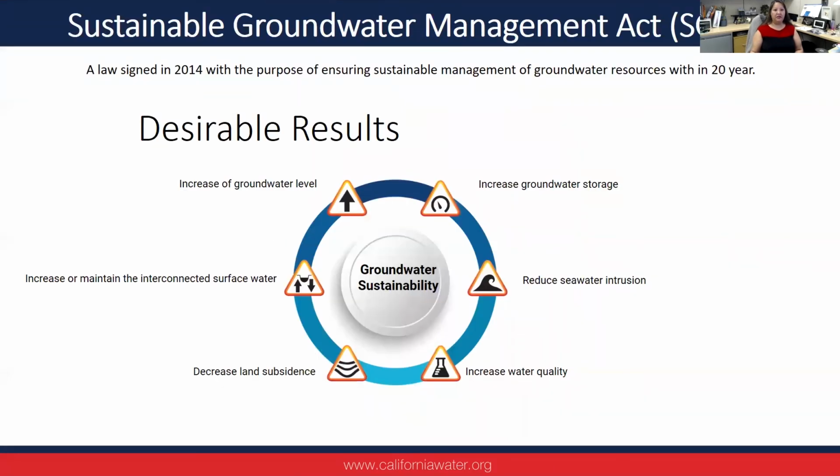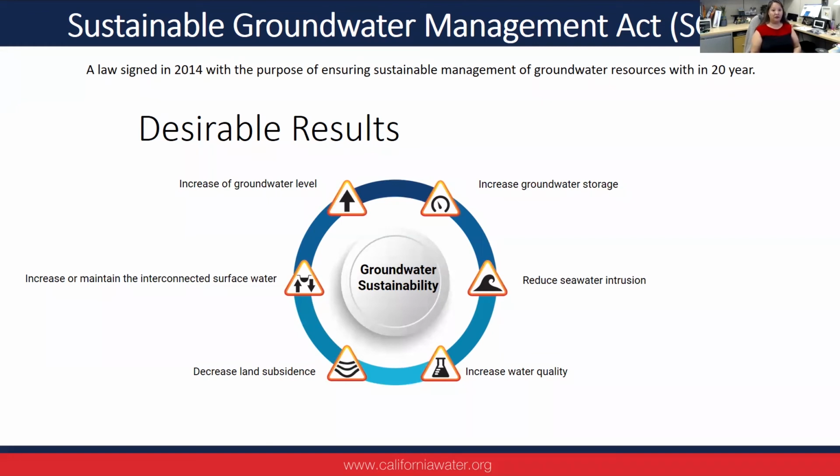Subsidence is one of the reasons, but groundwater levels, quantities and quality have been an issue in California for years. And so in 2014, a law was passed that is now known as the Sustainable Groundwater Management Act, and it has 6 desirable results. So you might have heard them as undesirable results, but I'm going to go on the opposite side and say that SGMA is going to cause some desirable results.